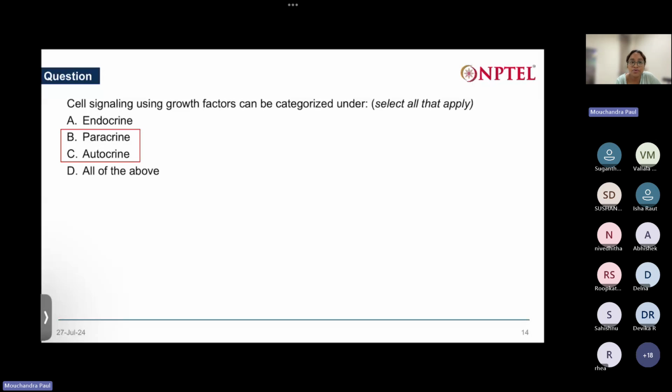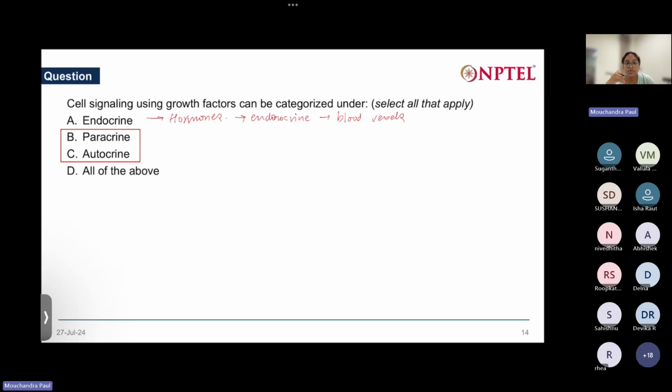Those of you who couldn't understand what is endocrine, what is paracrine, what is autocrine, let me briefly explain. Endocrine signaling happens for hormones. Hormones are secreted by endocrine organs like the pancreas or adrenal glands. These hormones are secreted directly into blood vessels.